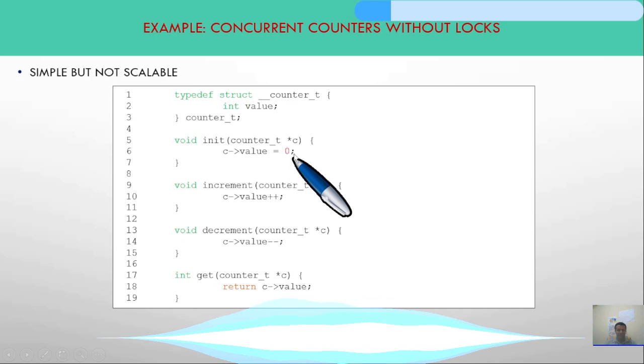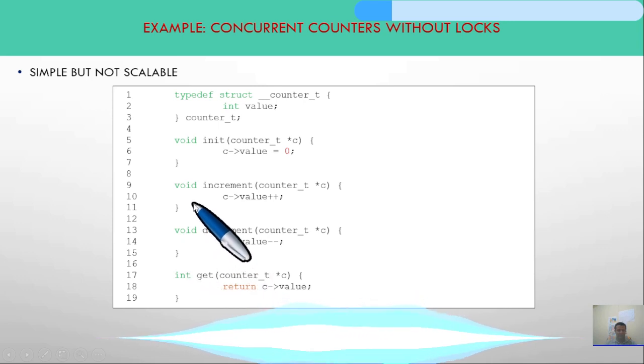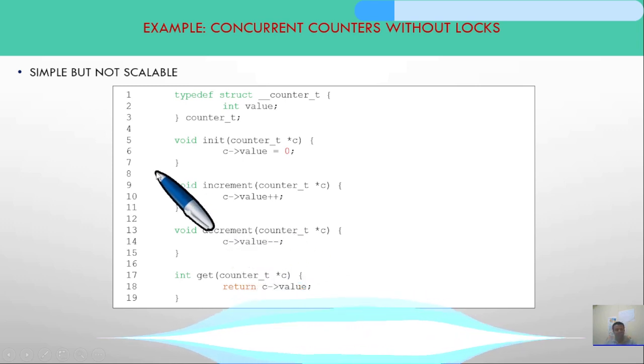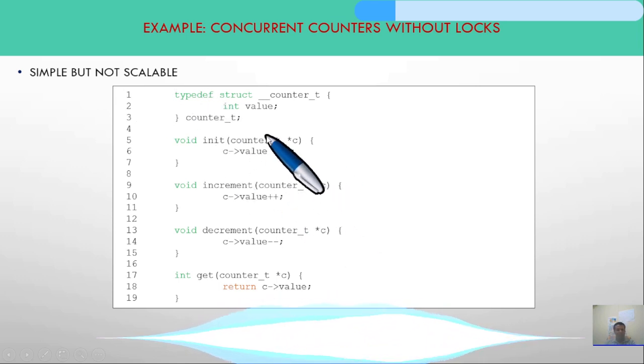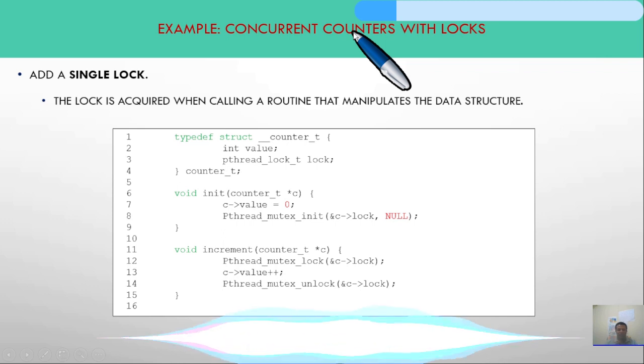The value we set to 0. Then for the increment, the decrement, and the get functions: for the increment we increase the value, and for the decrement we decrease. Then return the value. This is simple, but the problem with this code is that it is not scalable because it is without locks.